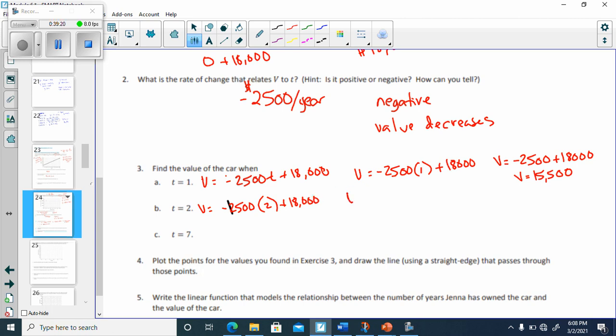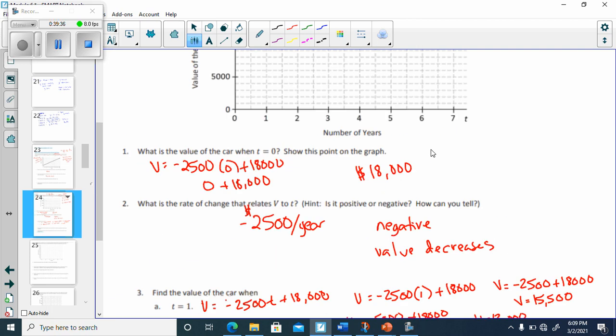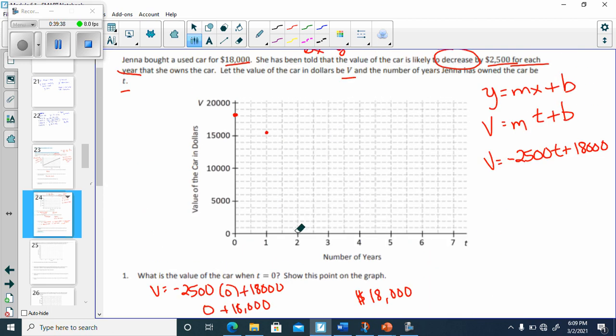Okay. So the value is that we're going down 5,000. We're starting at 18,000. The value then is 13,000. Okay. So after 2 years, the value is at 13,000. 2 years, 10,000, 11,000, 12,000, 13,000.